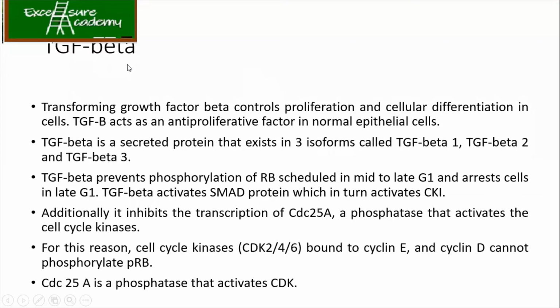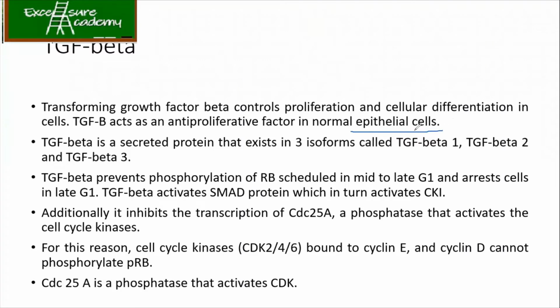Coming to the TGF-beta, okay. So TGF-beta is your transforming growth factor beta, which controls the proliferation and cellular differentiation in the cells. So we have talked about the TGF-beta pathway, TGF-beta SMAD signaling pathway. Okay, so it acts as an anti-proliferative factor in normal epithelial cells.